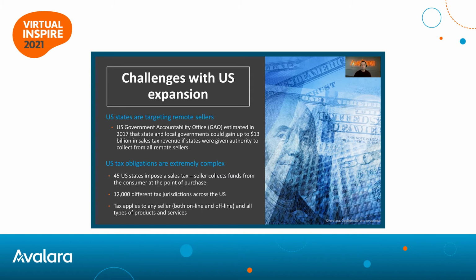As Alistair mentioned, there are in excess of 12,000 different taxing jurisdictions across the US. Within those, there are about 35,000 different tax rates for products, services, rentals, and the like. Very, very complex.